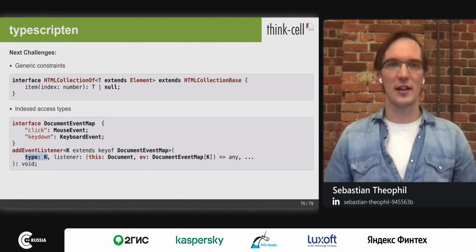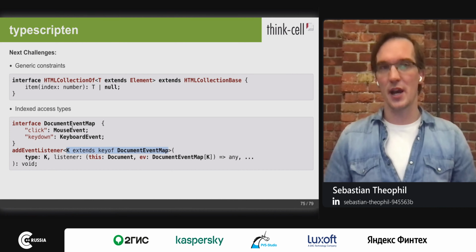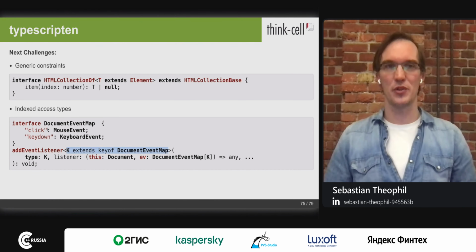And they came up with a very clever way and transformed that into a special kind of templated generic function, where they say, okay, my first argument here, k, is a string. But we say, okay, let that string be one of the keys of a type only implemented for type checking.